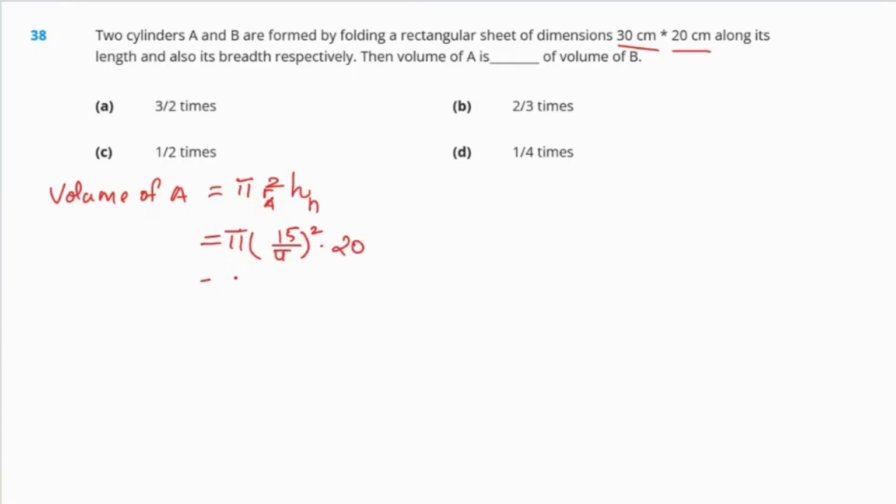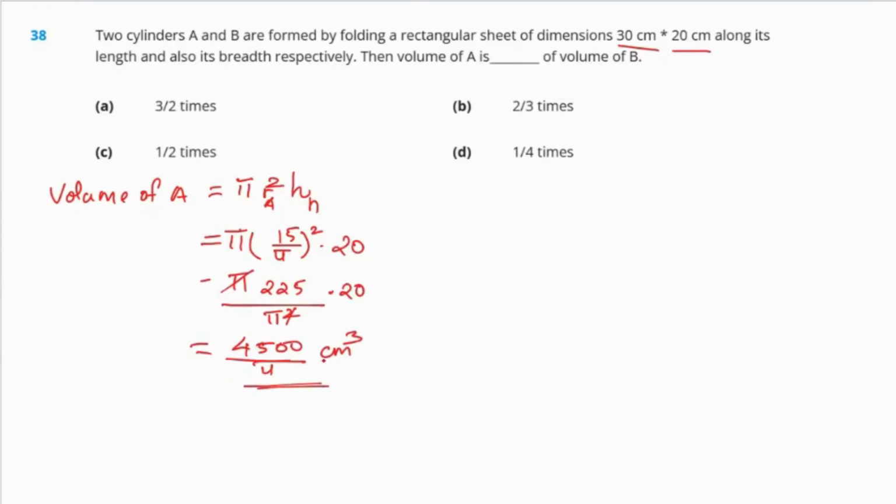So this becomes pi into 225 divided by pi square into 20. The pi gets cancelled off, leaving 225 into 20, which is 4,500 by pi centimeter cube.